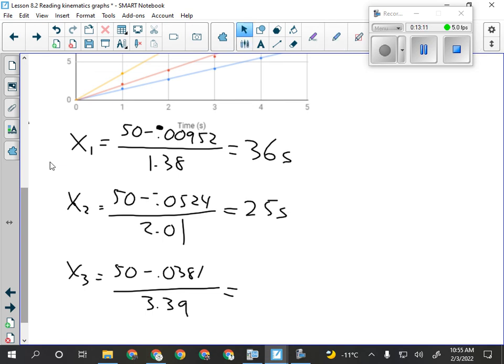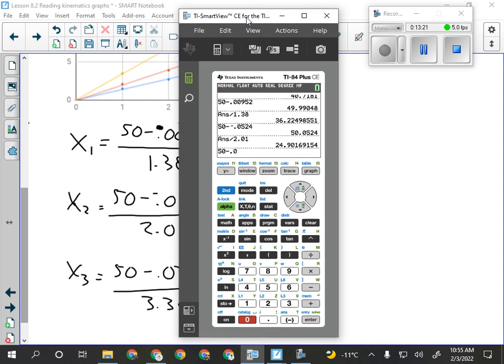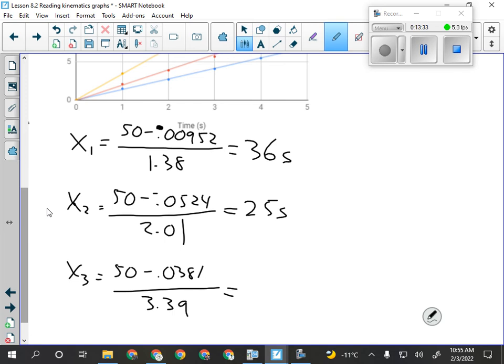And for our last one, 50 minus 0.0381 divided by 3.39. All right, so we're looking at 15 seconds for that. And those answers make sense. The fastest cart should take the least amount of time to go 50 meters.